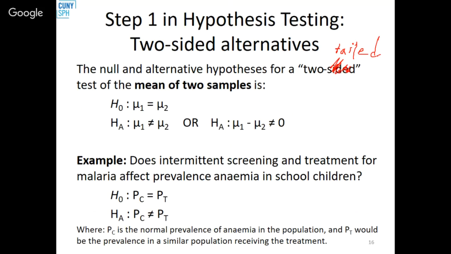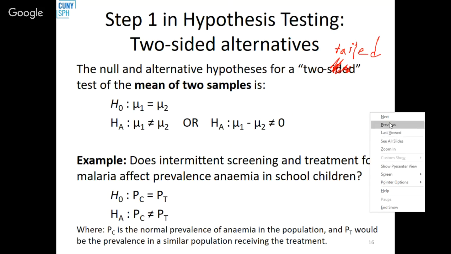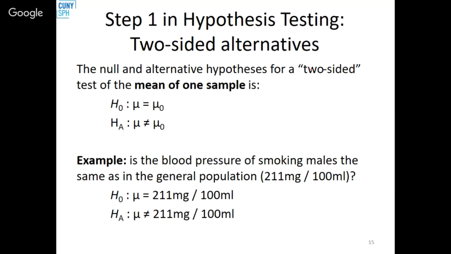It's two-tailed because I'm referring to the two tails of the probability distribution, of the sampling distribution. Okay, and again, this should read two-tail.